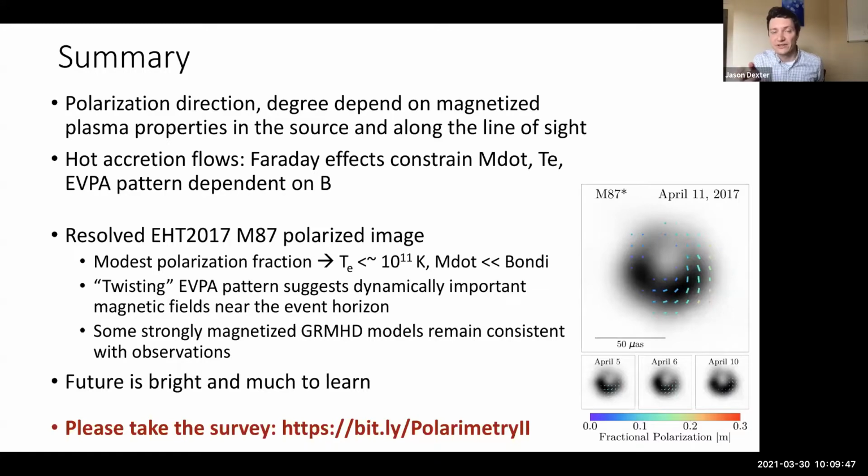So this is a major uncertainty and important open issue in the field, which modifies both how total intensity images look and how polarized images look. So it's a really good question. So yeah, if you know how to do it better, please get in touch with us and tell us.